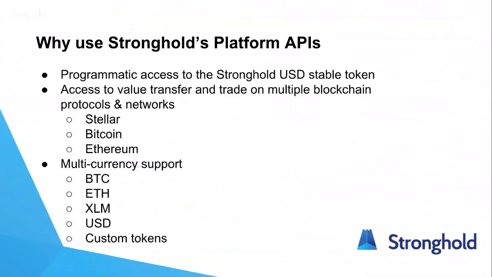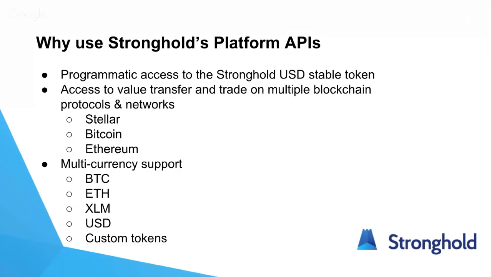So if you're looking to interact with the stable token, you don't need to go and hire expensive blockchain developers and spend long periods of time integrating into Ethereum smart contracts or whatever it might be. You're now able to plug into an HTTP REST API and start creating accounts and moving Stronghold USD as easy as, say, an integration into PayPal or a service like that.